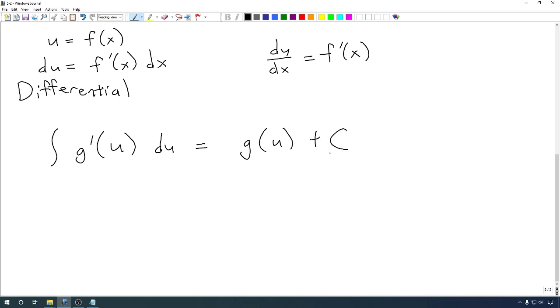Essentially, this is just saying that the integral of g prime is g itself with a constant. It's pretty reasonable. The integration and differentiation should cancel each other out that way. It's just a matter of doing this substitution allows us to actually turn it into something that we know how to actually work with already. This process is called substitution.